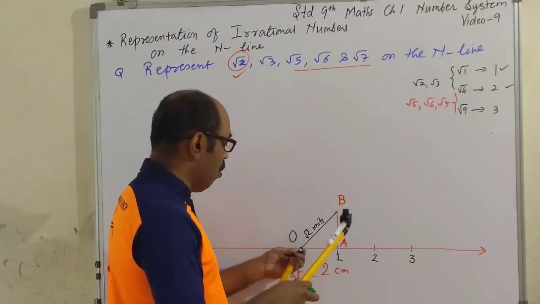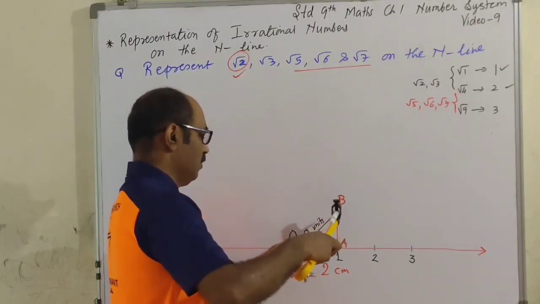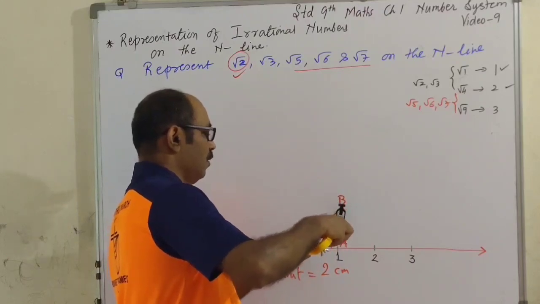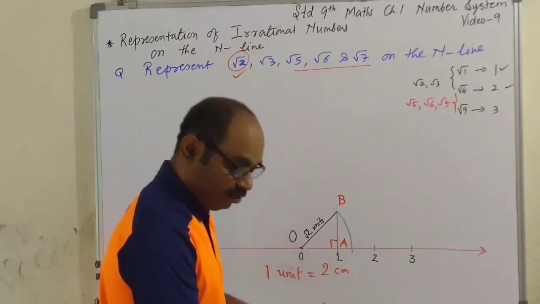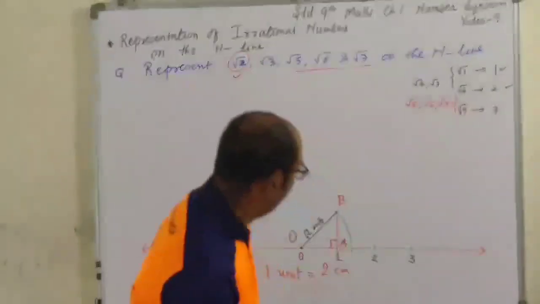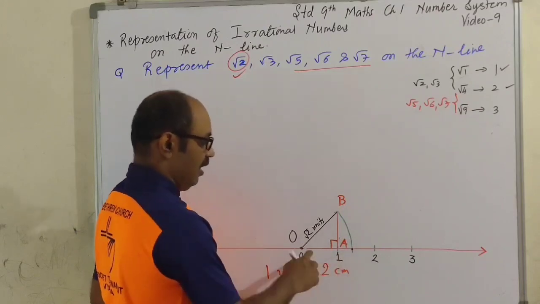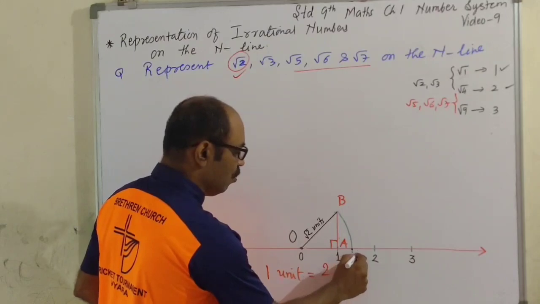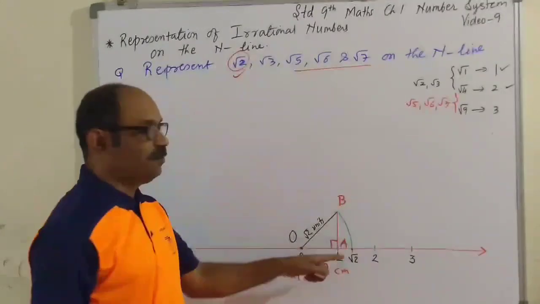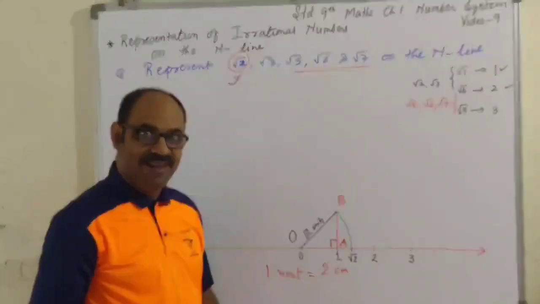Center, you take O, and radius, you take OB. Alright. Now this is projection. Here you got a new point. I'm not going to name it just now. Alright. This is root 2. This point is root 2 on the number line. So you have represented root 2 on the number line.